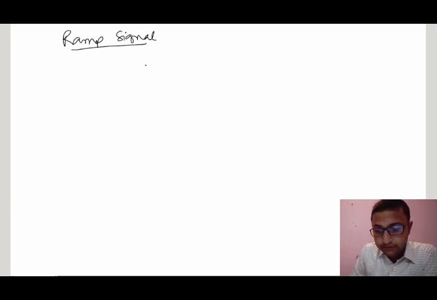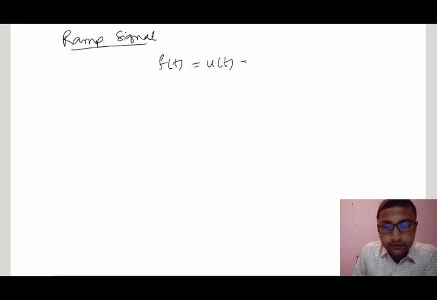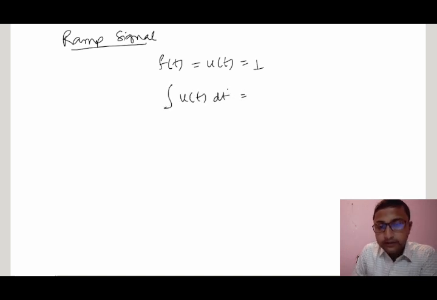Look, suppose a unit step signal is f(t) is equal to u(t) is equal to 1. If I integrate the unit step signal, then what we will get? Integral of 1 into dt, that means equal to t.